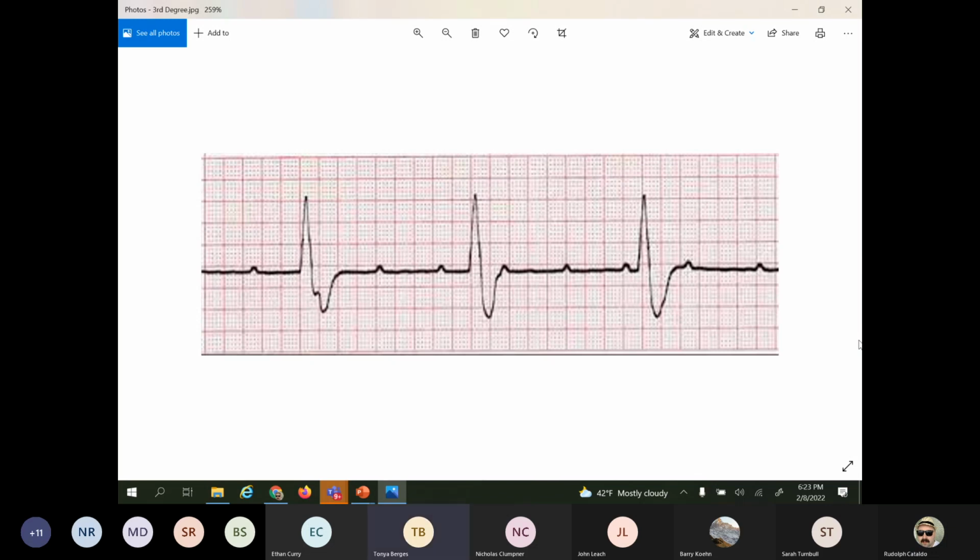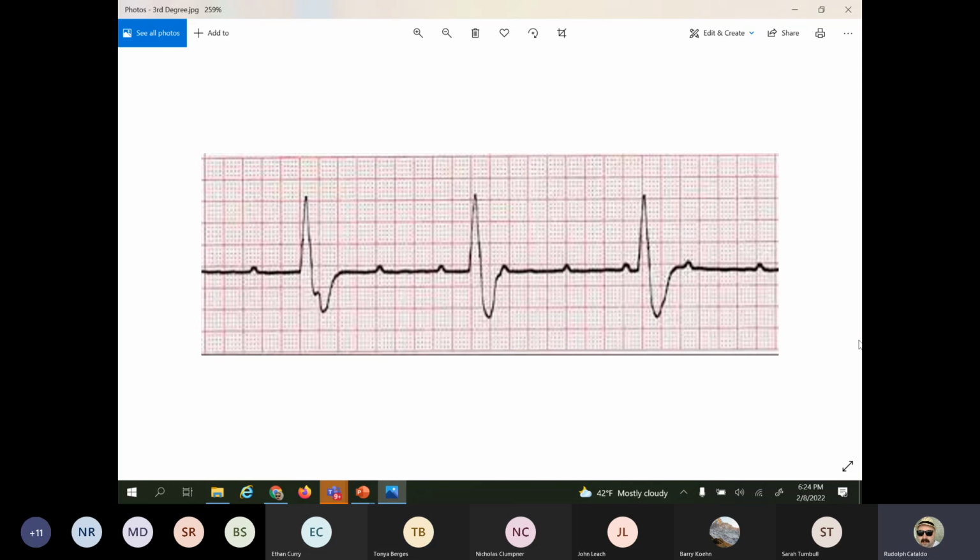It's regular. Absolutely, it's regular. Now, is the distance from one QRS to the next QRS the same? Yes. Okay, so that tells me it's regular.